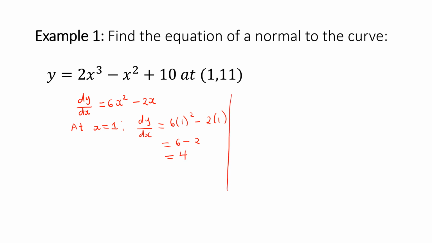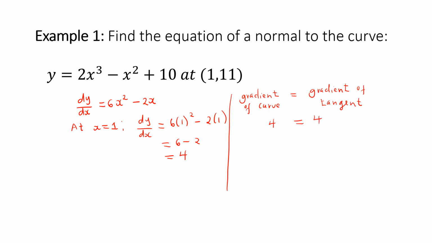And we note that the gradient of the curve is equivalent to the gradient of the tangent. So we have the gradient as 4 for the curve and also 4 for the tangent.